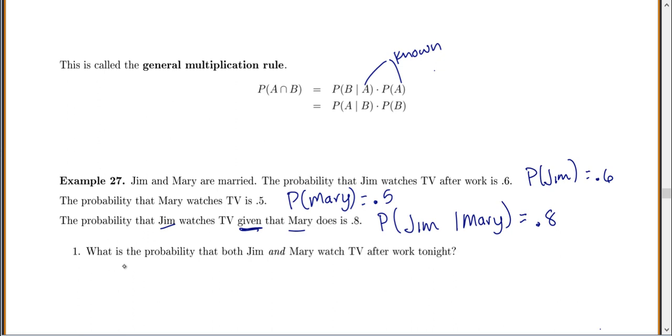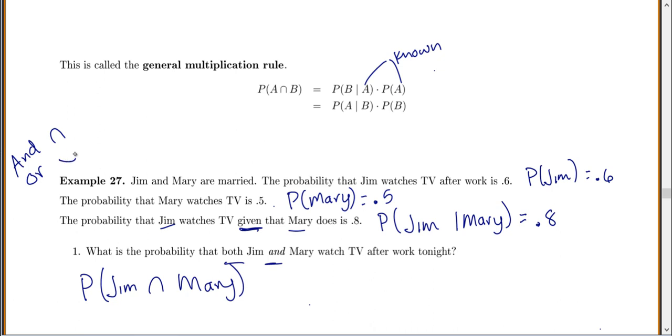Now number one, what is the probability that both Jim and Mary watch TV after work tonight? Well, anytime you see an and, that means an intersection. So Jim and Mary. Let's remind ourselves that and means intersection and or means a union. So if we want to find the probability for an intersection, we need to use the general multiplication rule, which says use a conditional probability.